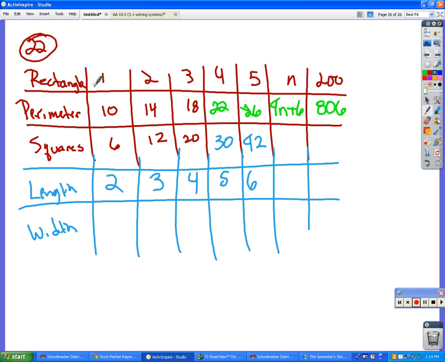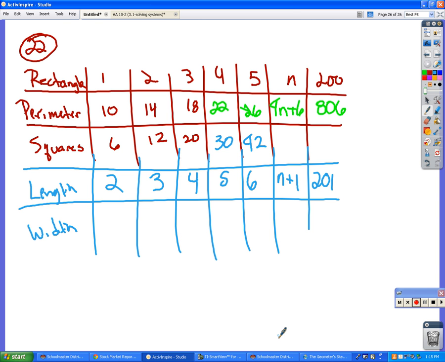What do I have to add to these to get those? Just 1. 1 plus 1 is 2. 2 plus 1 is 3. 3 plus 1 is 4. And so my formula for the length is n plus 1. So what would the length of my 200th rectangle be? 201, because of 200 plus 1.